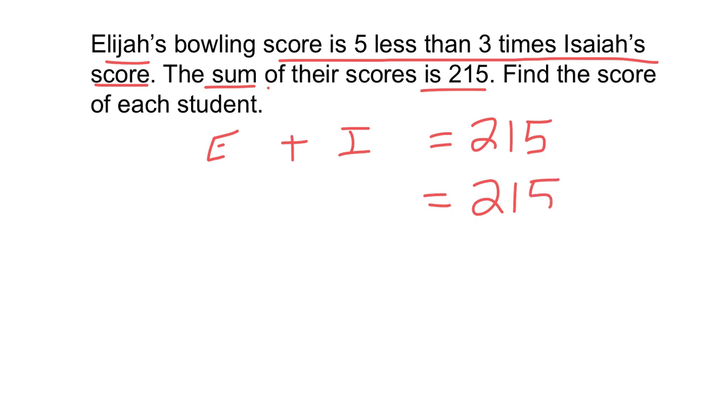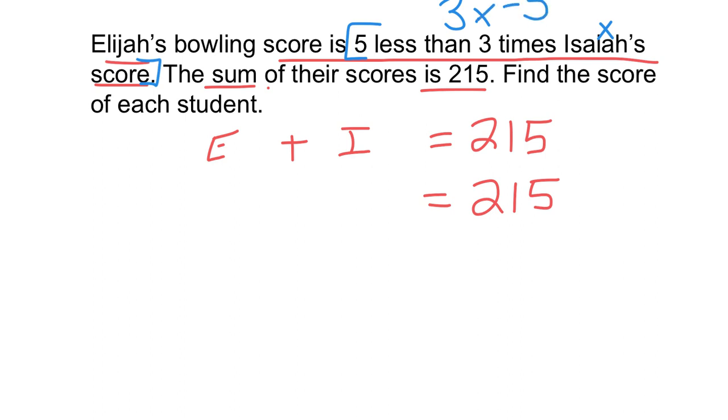So let's read what it tells us about Elijah and Isaiah and see if we can figure out how to do that. So up here it says Elijah's score is 5 less than 3 times Isaiah's score. Well, we know how to do 5 less than 3 times something else. We don't know Isaiah's score, but we know how to show 5 less than 3 times that. If we let Isaiah be x, 3 times x minus 5.